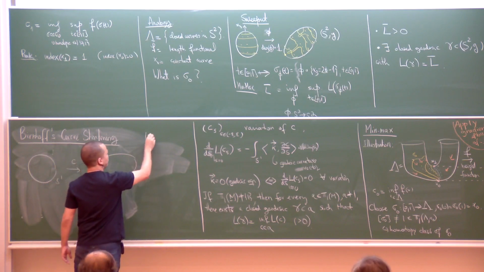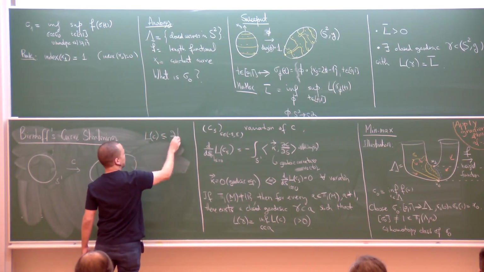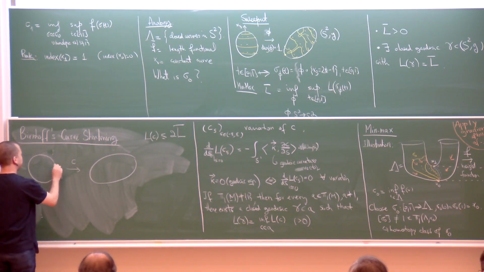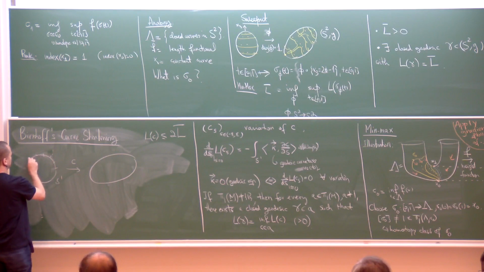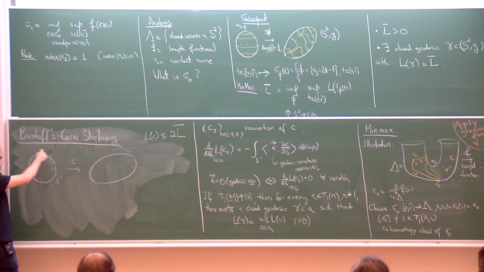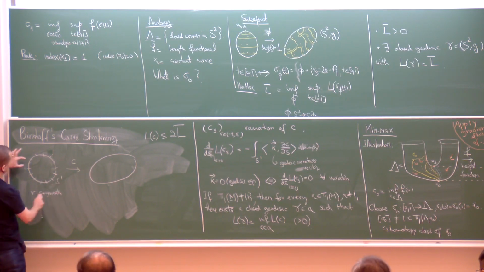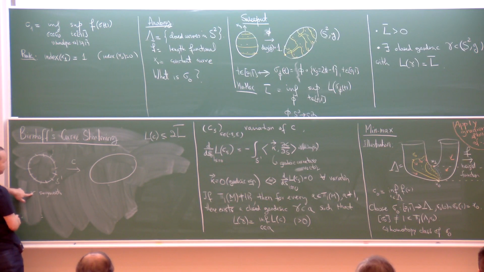Let's say the length of the curve is bounded, say maybe by 2 times L bar, which I can always do. Then I subdivide my circle, parameterized proportionally to the arc length, into R segments of equal length, where R is very large.